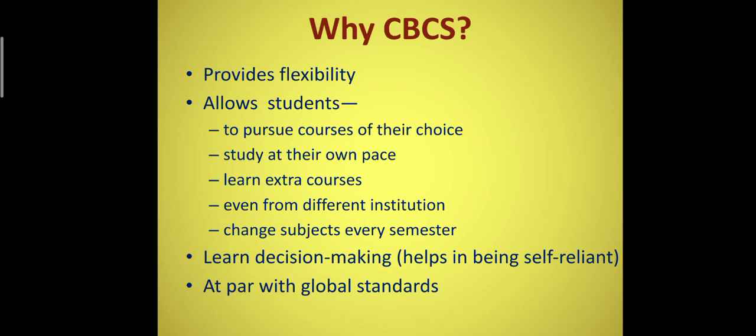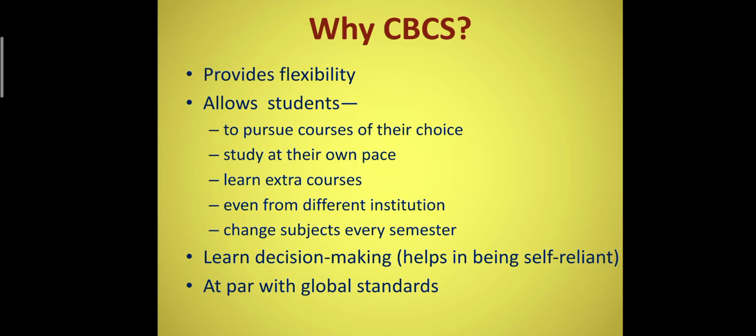Number one, it is student friendly, right? We are giving students a lot of choices, so that the students' interests and requirements, the differences in the requirement of each student, are met. So it provides flexibility. It allows the students to pursue courses of their choice, their interest, their requirement.